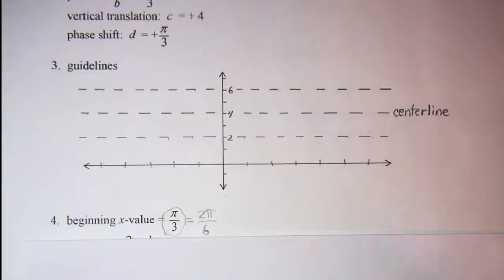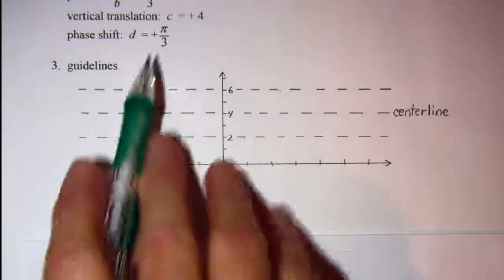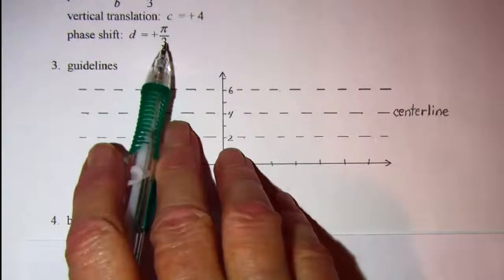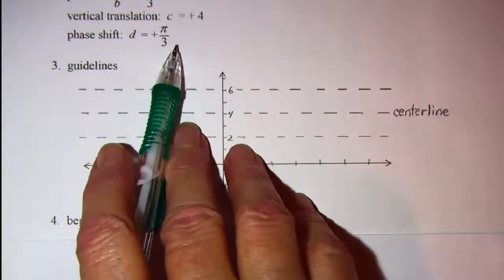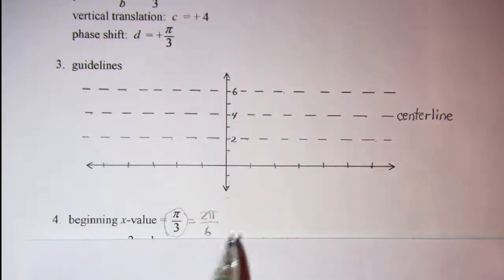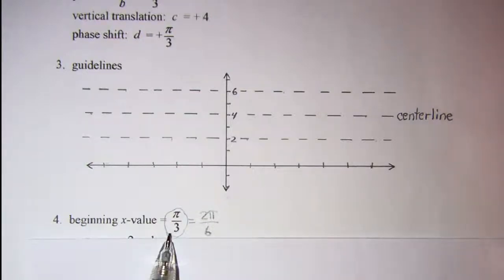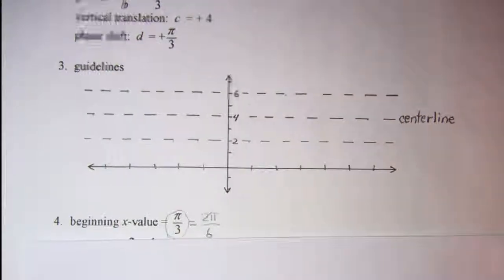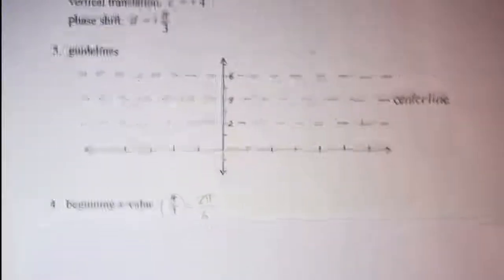Our beginning x value is our phase shift. So pi over 3 is our beginning x value. And notice that I wrote this as 2 pi over 6, an equivalent value. You'll see why in just a minute when we look at our period.